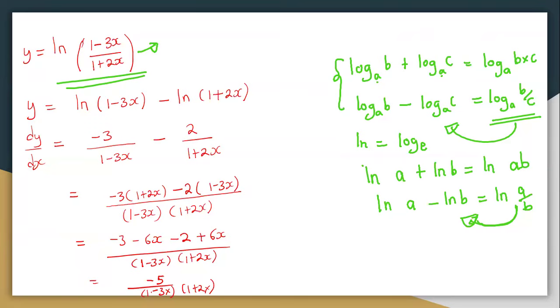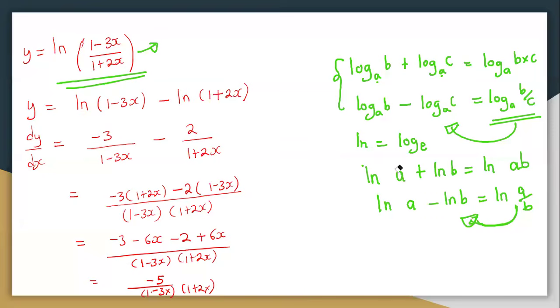Yes, Paswali? Teacher, from the question, if I first interpret it in such a way that y is equal to ln of the first bracket, 1 minus 3x, then I multiply it with the one which is down, that 1 plus 2x raised to the power of -1. Now how do I go by that if I write it in such a way?